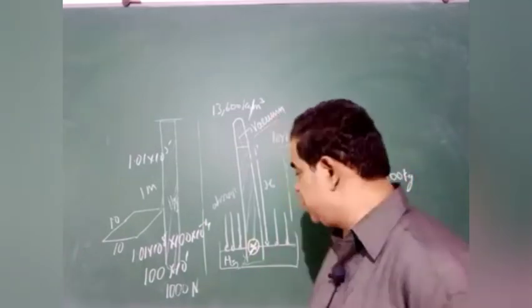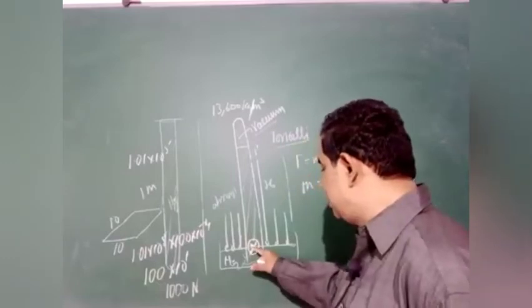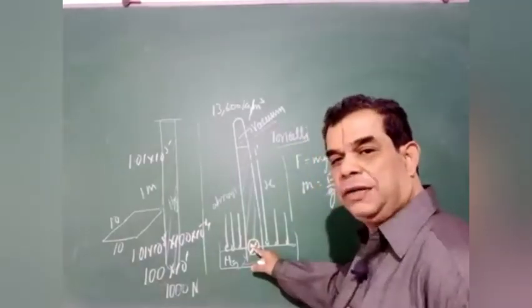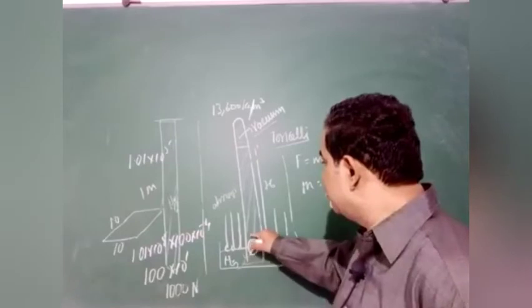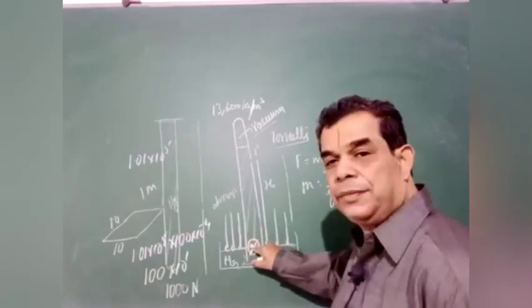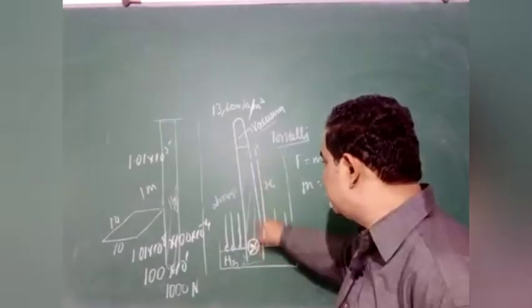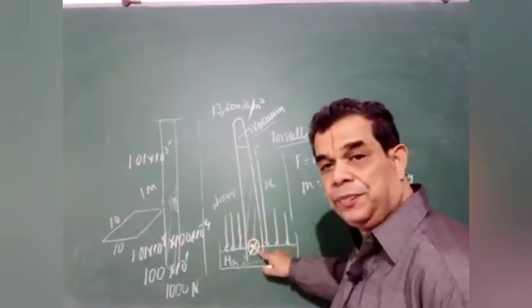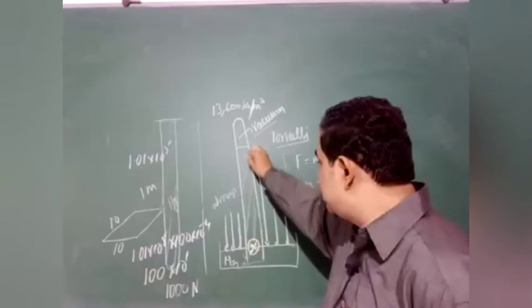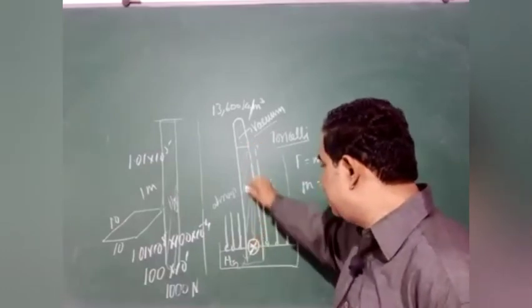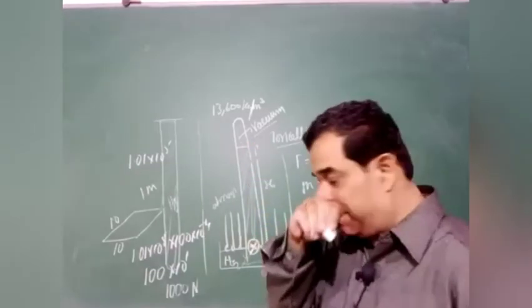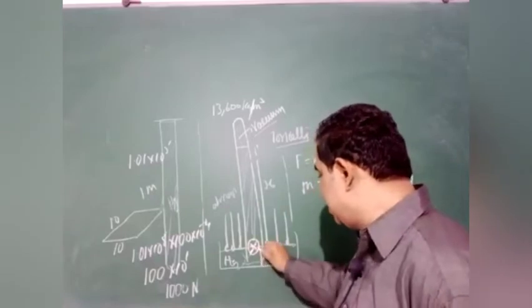All of you, just observe carefully. Say this point is at 76 centimeter depth inside the mercury. And it is supporting the weight. The pressure at this point is supporting the weight of that. As we said, it is lifted up.